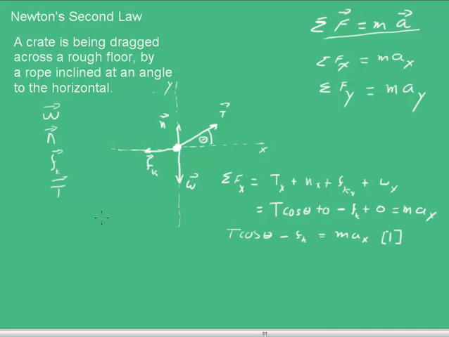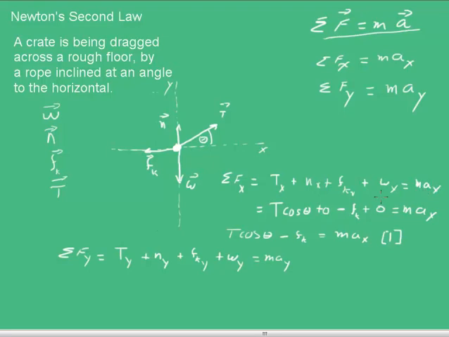We could do the same thing along the y-axis. The sum of the y scalar components will be, and we just write this out again. So you always write down all the forces. Later on, as you get better at this, you can maybe skip this step, but don't until you are very sure that you know what you're doing. And right here I forgot to put may rather than max, so very bad.